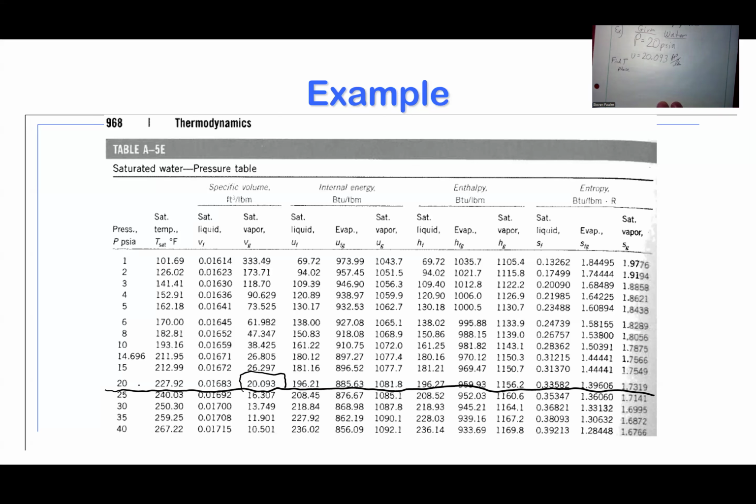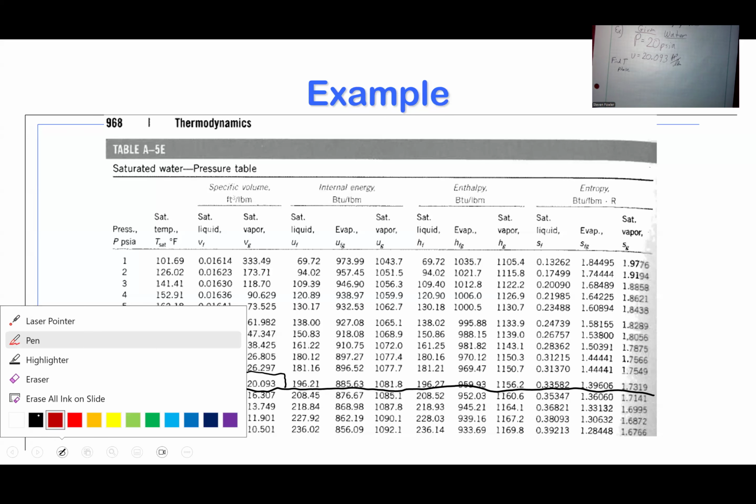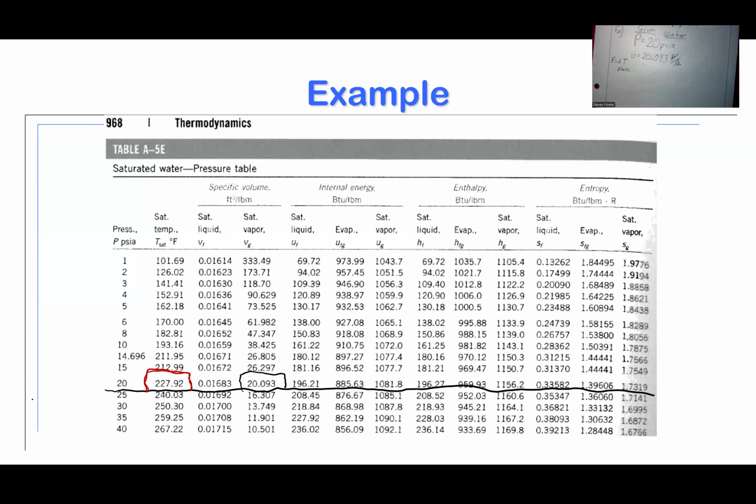So what that means is that this corresponding temperature lines up with what we're looking at here. That is the temperature that I actually want to know. What happens here is as long as you're anywhere from this saturated liquid volume all the way up to the saturated vapor volume, anywhere in between here, this is going to be your temperature at this pressure.